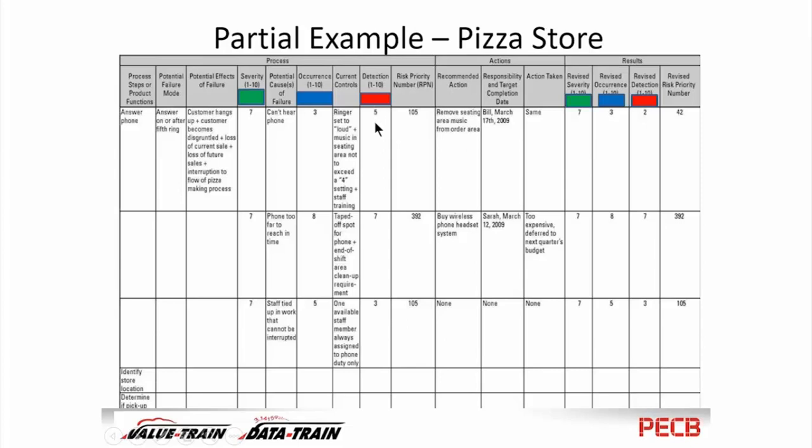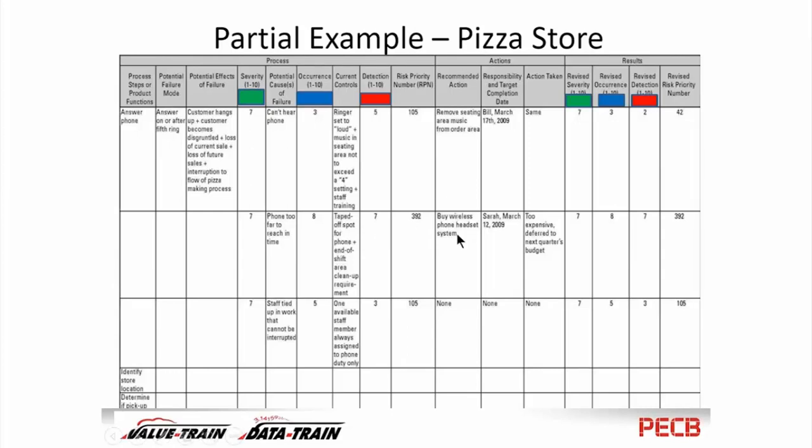Now if you multiply those 3 together, our RPNs are 105, 392, 105. So the biggest one is this one in the middle: the phone is too far away to get to in time. That by far is the riskiest situation here. So if we're going to do anything to make this better, that's the one we should work on.